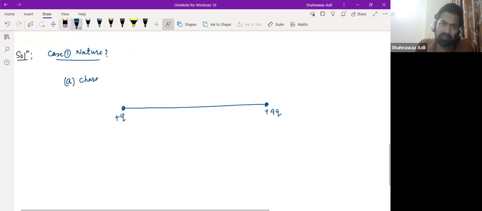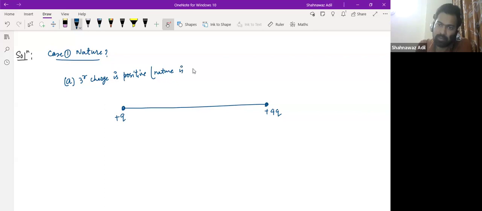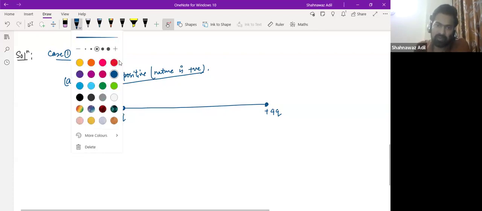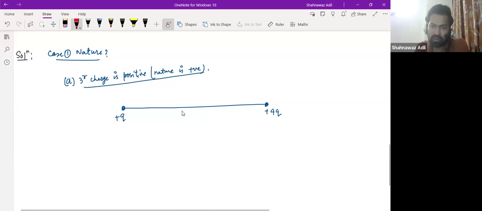Third charge. So the first condition is that the third charge is positive, which means that nature is positive. Let's try to fit this in our question. So we have put the third charge, right? We are not talking about the distance or whatever. And this is positive.